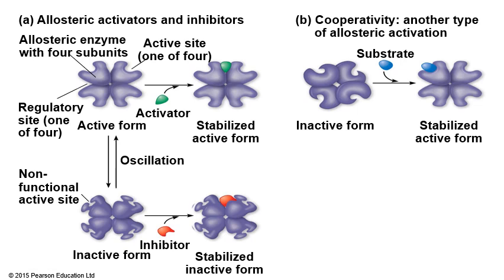And the right hand side one is showing you cooperativity. When a substrate binds into the active site, that binding itself can stabilize the active form. So the presence of substrate can accelerate the biochemical reaction. So we call that cooperativity.